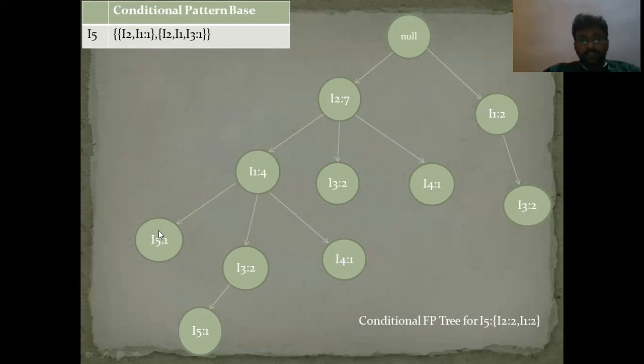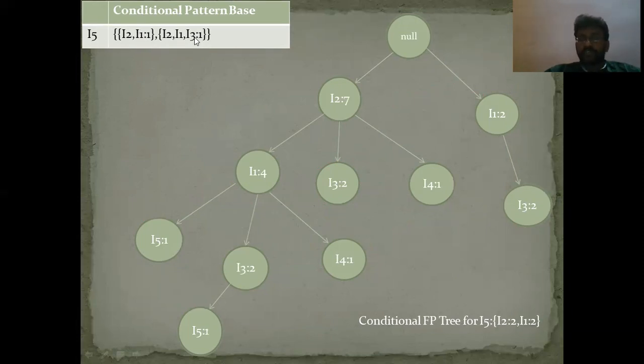So I5 is connected to I1 and I2. The base node is I2, so we are moving to I2 and I1 as the first one, and the second one is I2, I1, I3. If there is any I5 in the root node or leaf nodes, there is no leaf node. So the conditional pattern base of I5 is I2, I1 and I2, I1, I3.